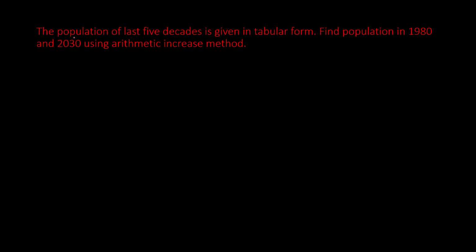So it is given the population of the last 5 decades in tabular form. Find the population in 1980 and 2030 using the arithmetic increase method. So here one table is also given, so I'm drawing it here.